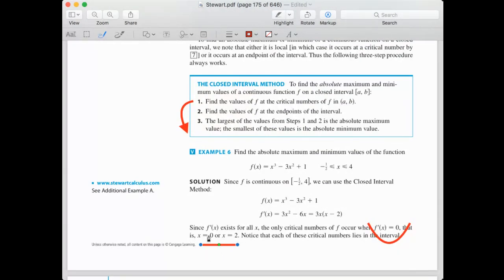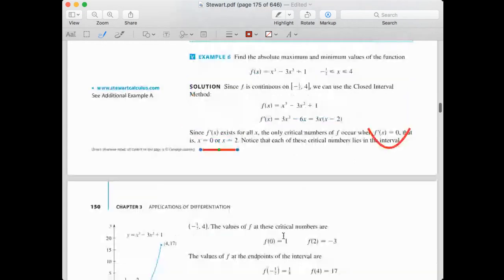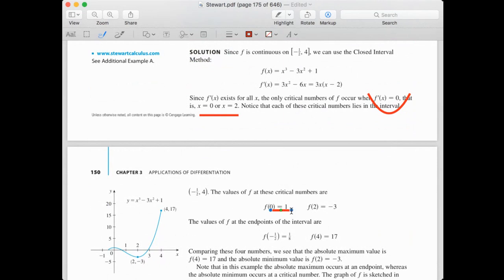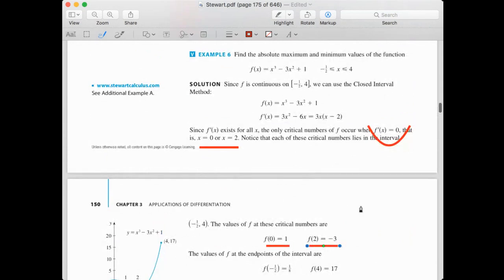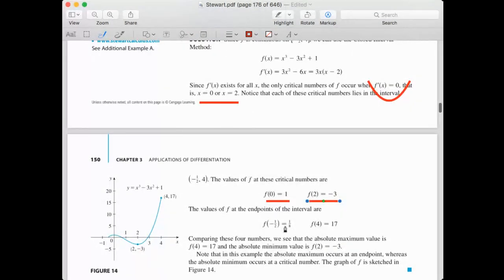Then we plug in to find f of 0 and f of 2. So f of 0 is 1, f of 2 is -3. Then we have to find the y value at the endpoints. The endpoints are -½ and 4. So we evaluate f of -½ and get 1/8. F of 4, we get 17. So we have those 4 numbers to compare. 17 is the biggest, so we say (4, 17) is the maximum point.